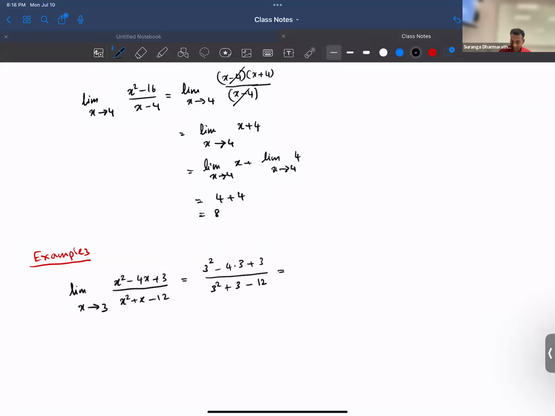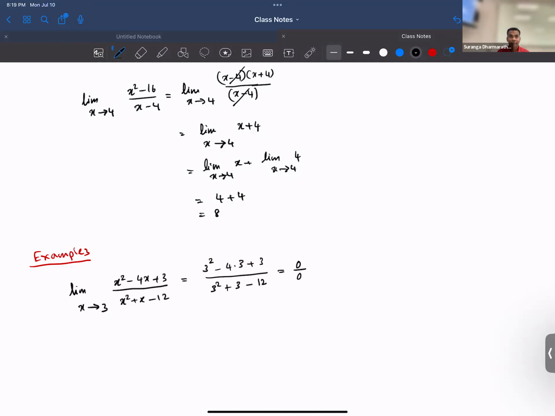The first one is 9. 9 minus 12 is negative 3, plus 3 is 0, right? And here is 9. 9 plus 3 is 12. Negative 12 is 0. 0 divided by 0. That makes sense?